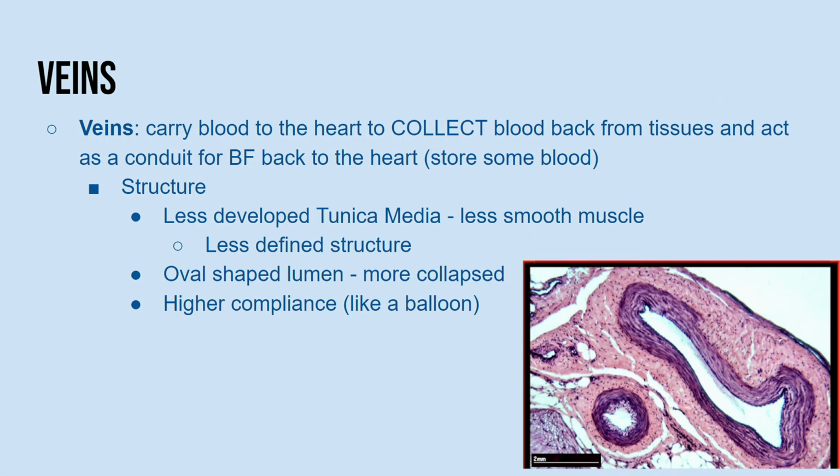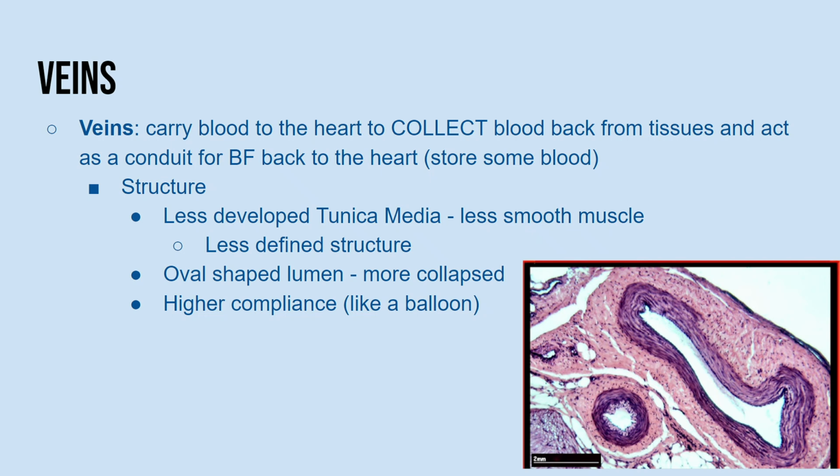Okay, so now we're into veins. So veins carry blood back to the heart from the tissues, and they also act as a conduit for blood flow. So they also store blood. Some information on the structure.